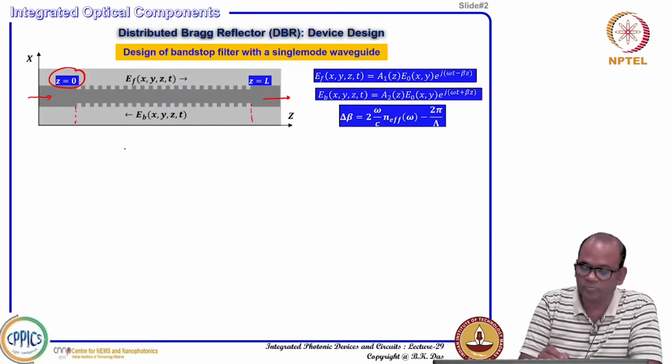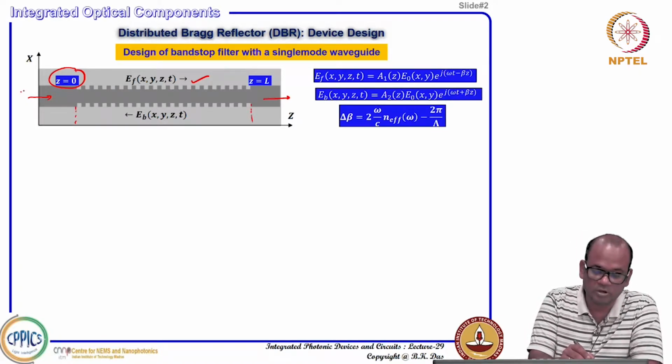In this type of structure, the forward propagating mode has an electric field E_F, and we can also define a backward propagating wave because of the distributed reflections. You can generate a backward propagating wave even if you launch only from this side.